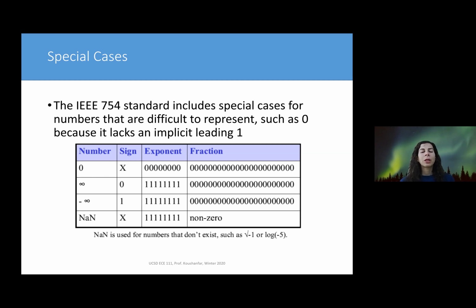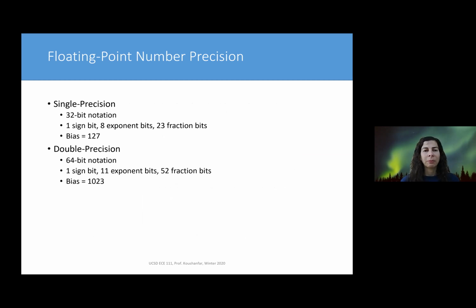And if you have a non-zero fraction and exponent all ones, then regardless of the sign, it is used for numbers that don't exist. For example, a logarithm of a negative number or other things that are not mathematically defined, this is how it gets represented in this IEEE library.